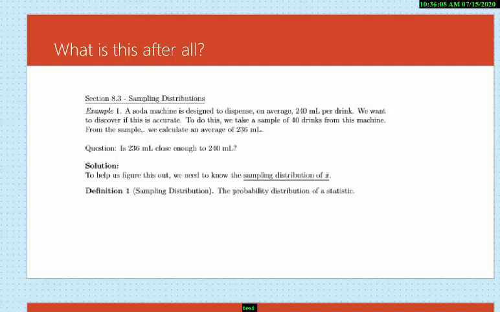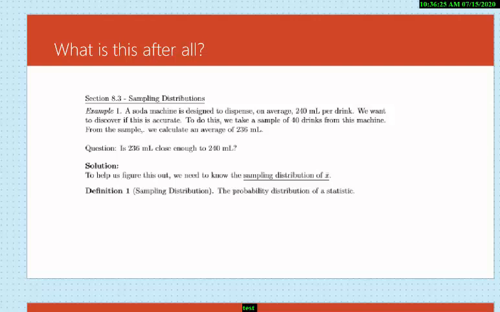So if we want to see if this machine is calibrated, then what we need to do is to actually take a sample from this machine, and let's consider this sample to be 40 different drinks.